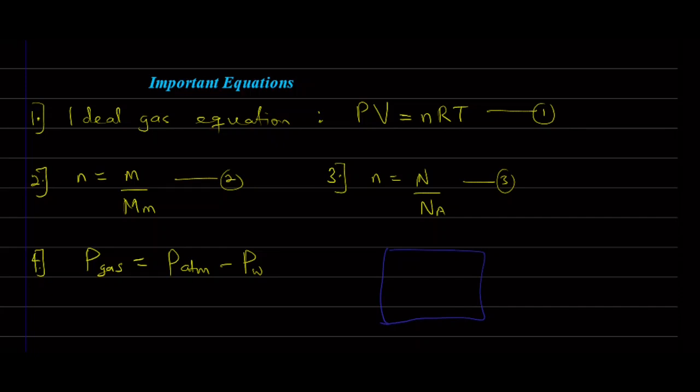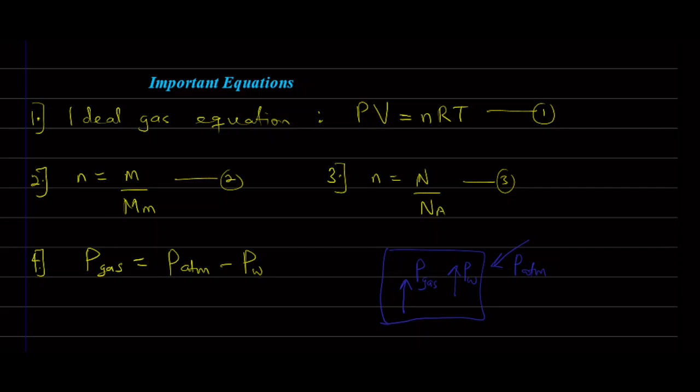So if you are given that, the fact is that in the containing vessel we have the pressure of the gas, then we have the pressure of water, while the pressure from the atmosphere, that's our atmospheric pressure, is being exerted on the containing vessel.